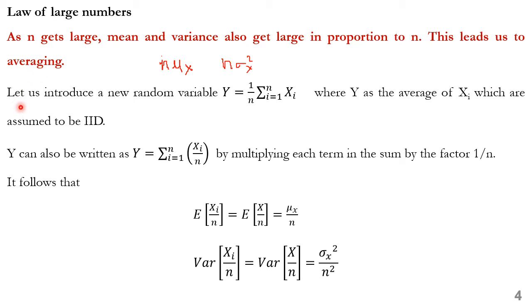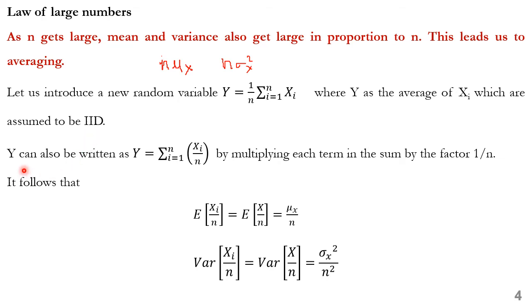So therefore, let us introduce a new random variable Y, that is equal to 1 over n times the summation of i varying from 1 to n of Xi, where Y is the average of the Xi, which are assumed to be independent identically distributed random variables.